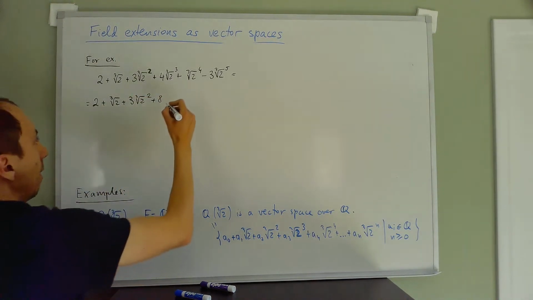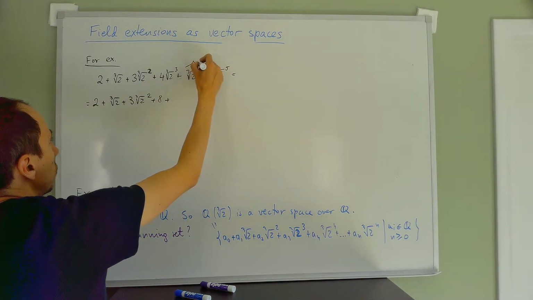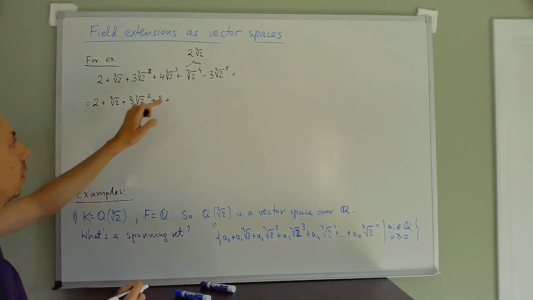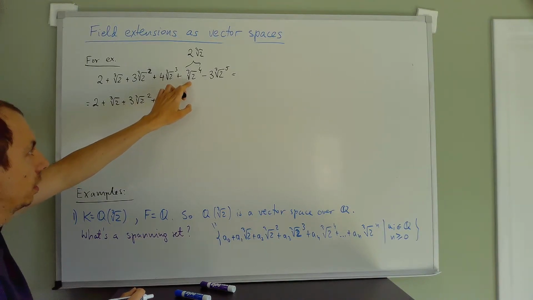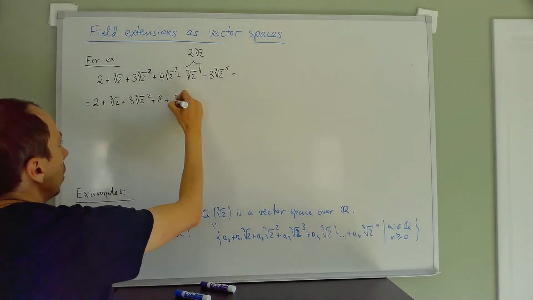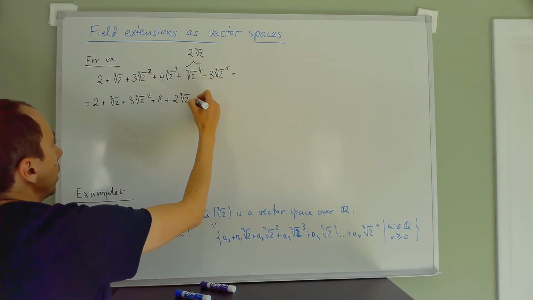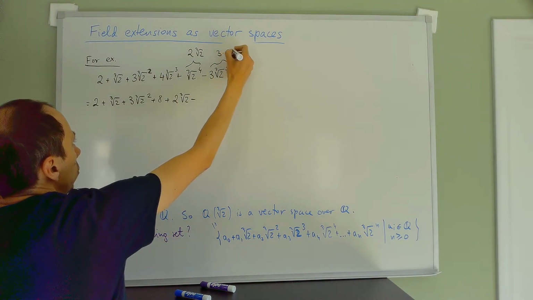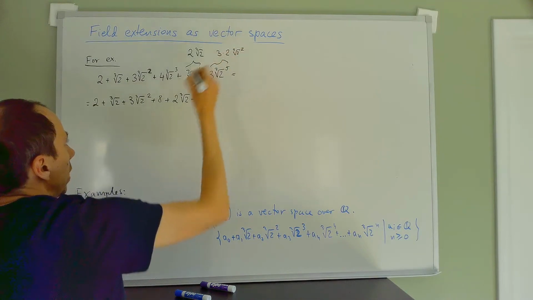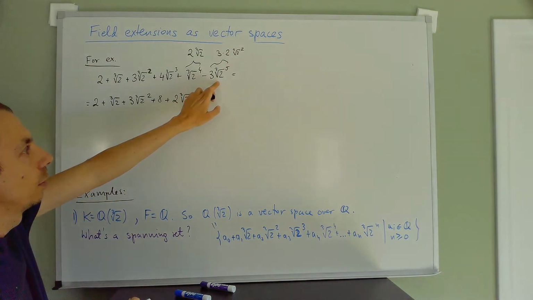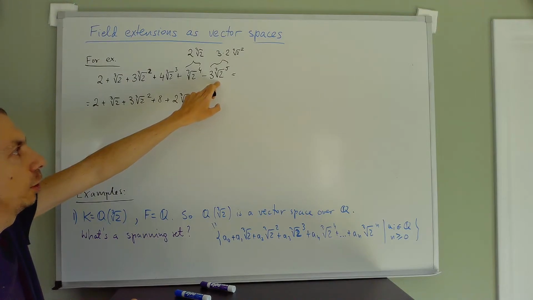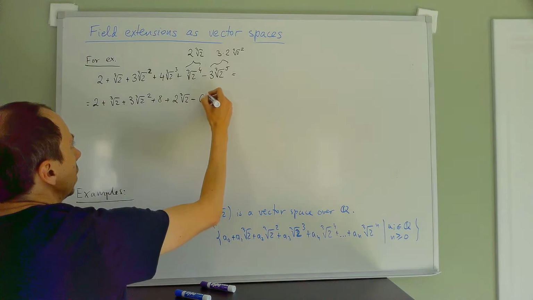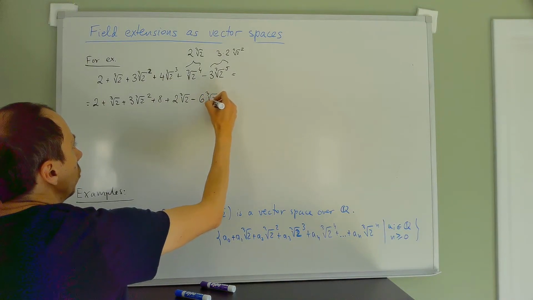Then cube root of 2 to the 4th is 2 cube root of 2, because that's cube root of 2 cubed times cube root of 2. Finally, cube root of 2 to the 5 is cube root of 2 cubed times cube root of 2 squared, so that's 3 times 2 times cube root of 2 squared, so I get minus 6 cube root of 2 squared.